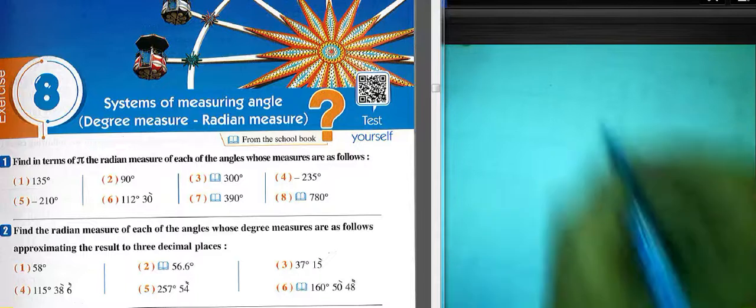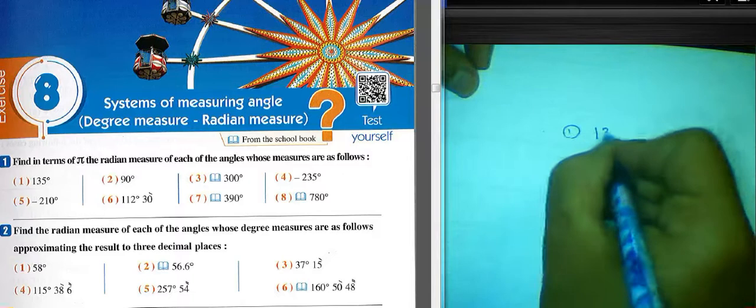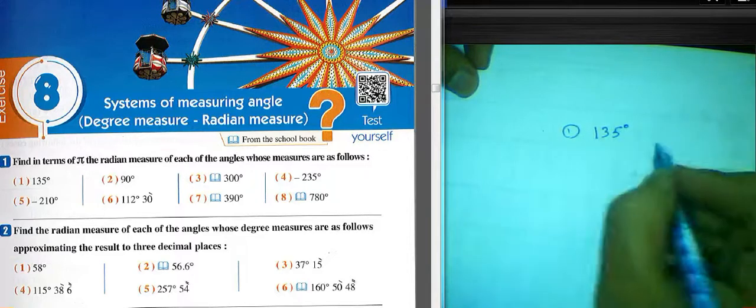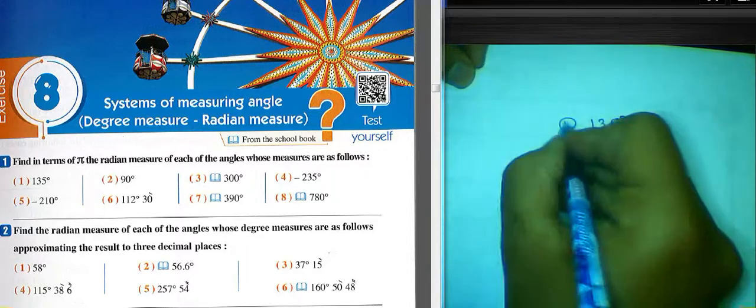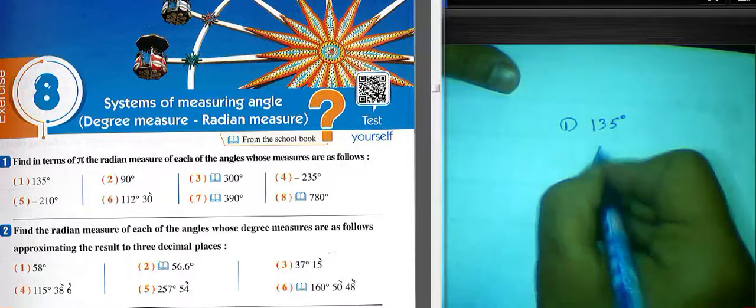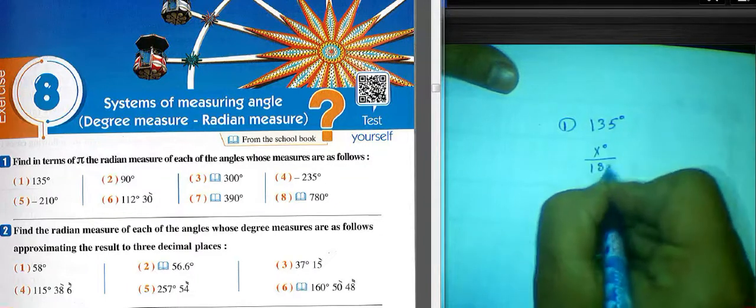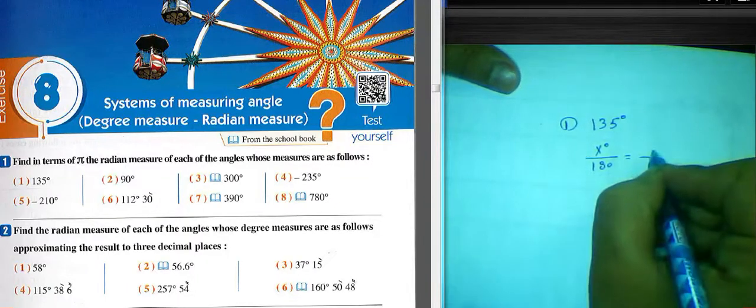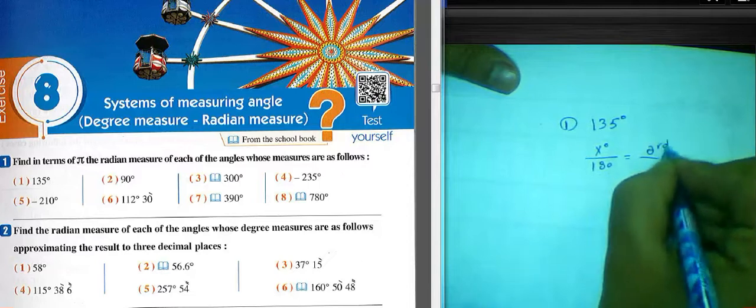Number 1, 135 degrees. We want to convert to radians. You know that x degree over 180 equals theta radian over pi.